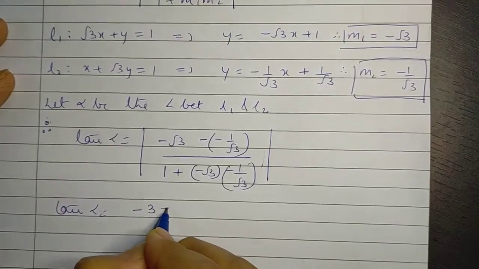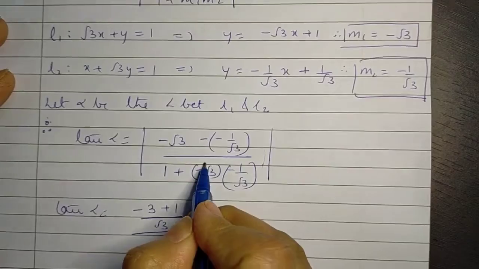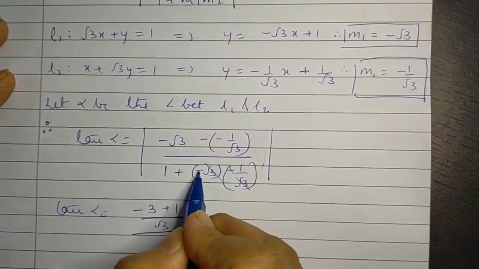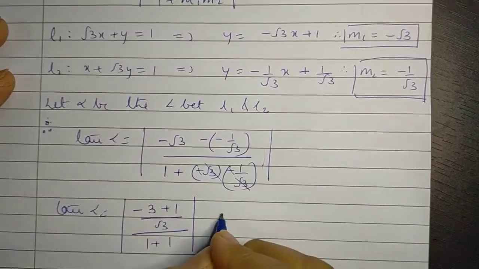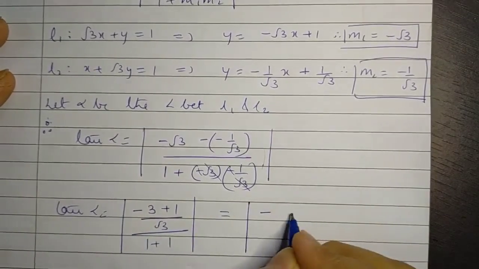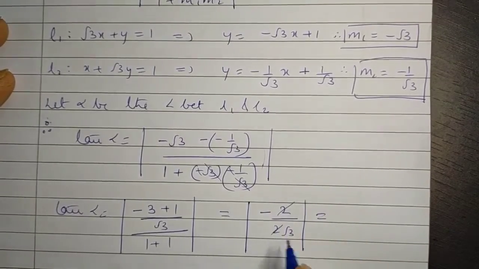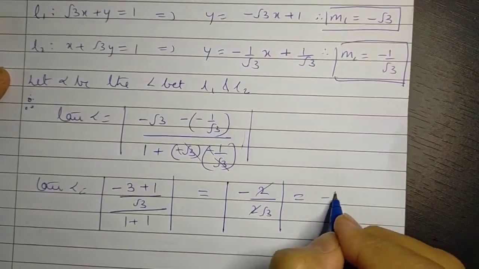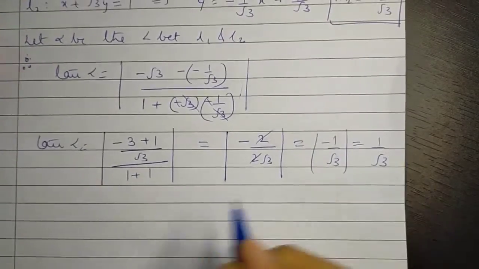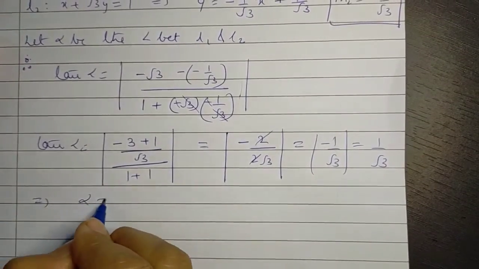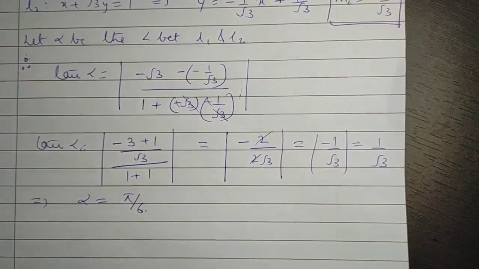We get minus 3 plus 1 upon root 3 whole upon, minus and minus gets cancelled, 1 plus 1. This gets solved to minus 2 upon 2 root 3, where 2 and 2 get cancelled, minus 1 upon root 3 modulus, which is 1 by root 3. So clearly this gives us alpha equal to 30 degrees, which is pi by 6.